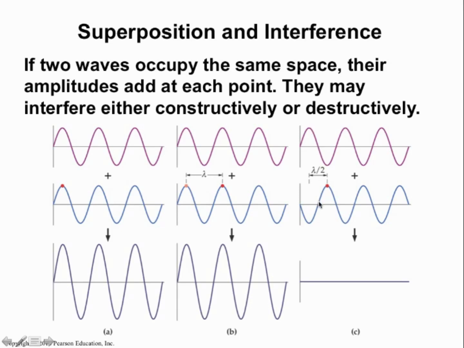We add 0 to 0, it becomes 0. We add something highly negative to something highly positive, it becomes 0. And so we get complete cancellation of the wave. This is called destructive interference. It doesn't mean that the wave doesn't propagate. It just means that in that particular spot where they're interfering with each other, they cancel each other out.